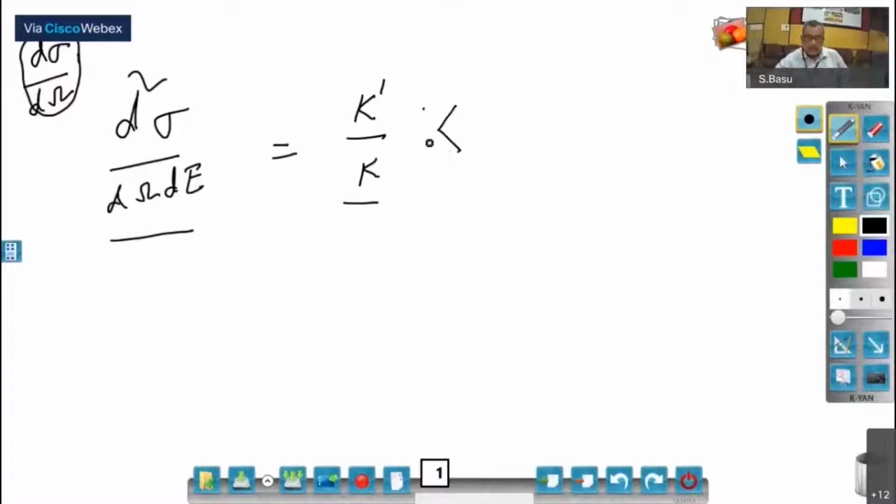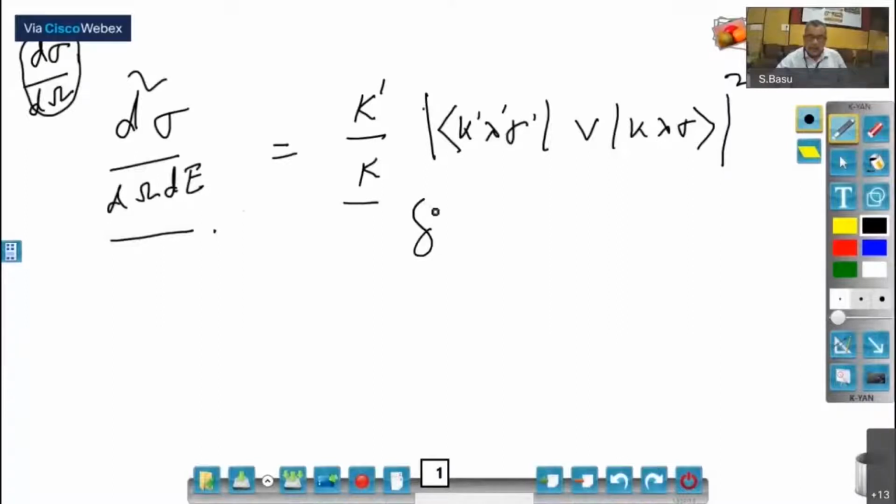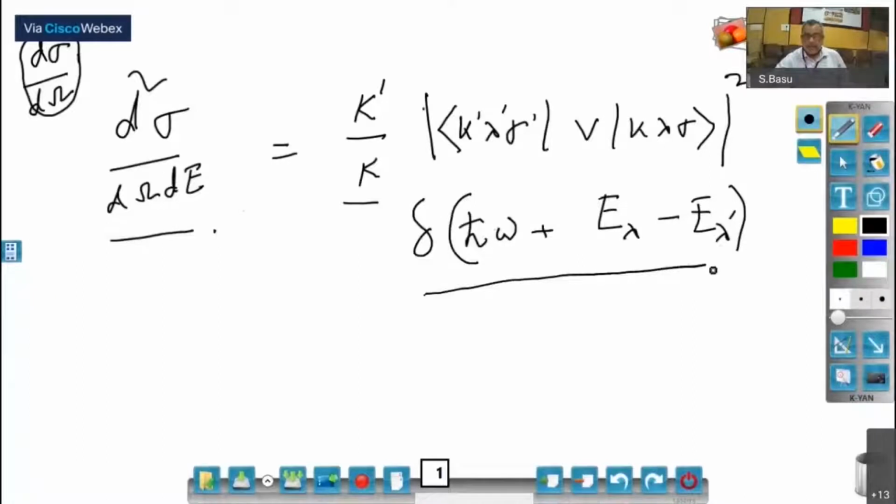This was k prime lambda prime sigma prime V k lambda sigma, a square of that, because I am putting in the cross section and not an amplitude. There is a square here, and I am putting a delta function by hand to bring in the energy conservation. So this I have put by hand in my equation.